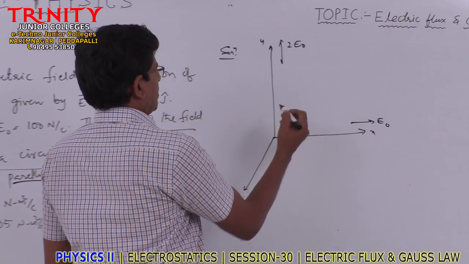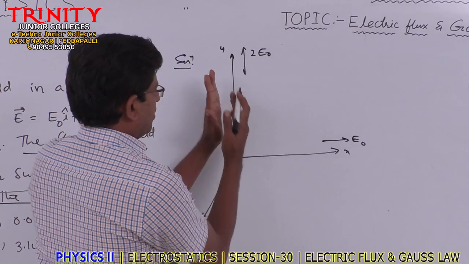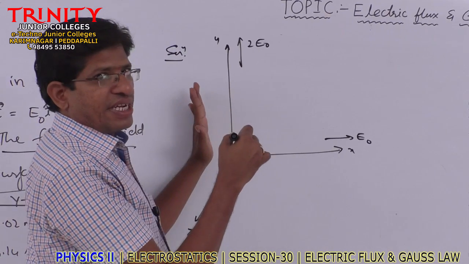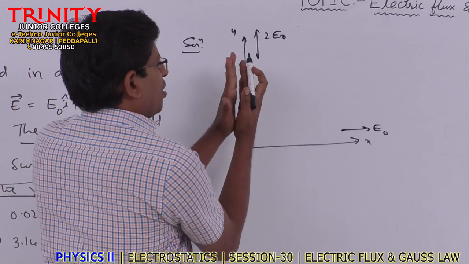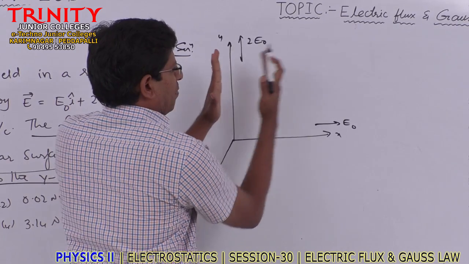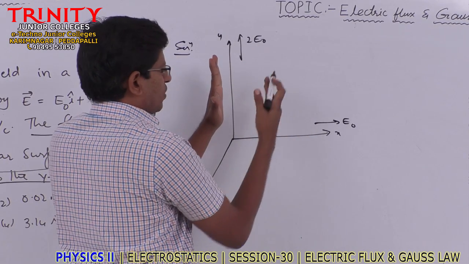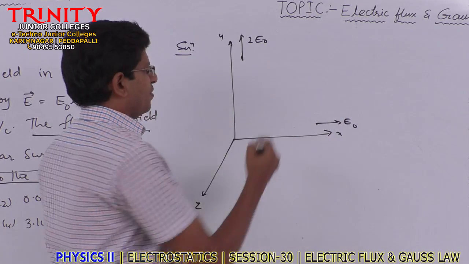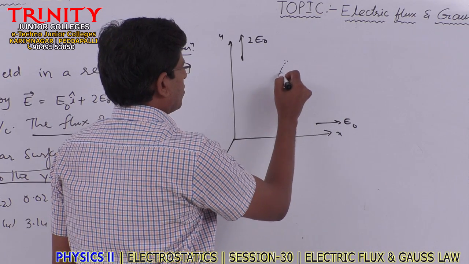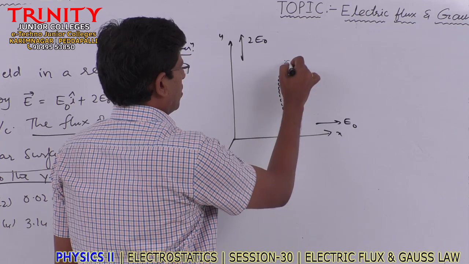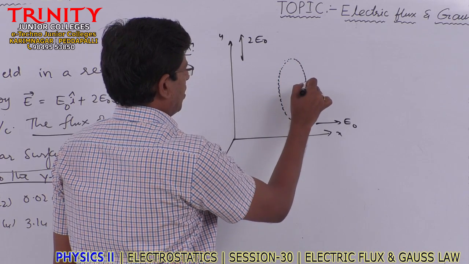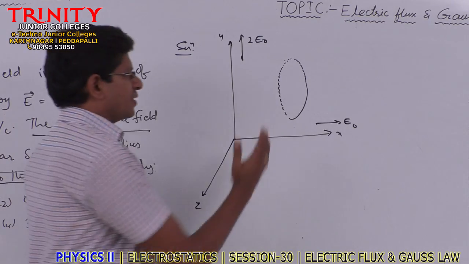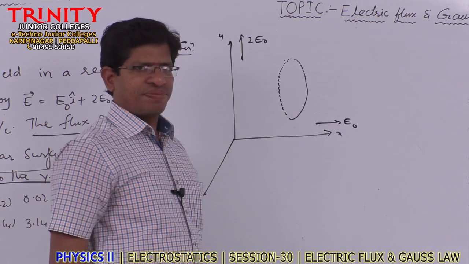The z axis is out of the board, and this whole plane is the yz plane. Therefore, one circular cross section is here. Let me draw it like this.